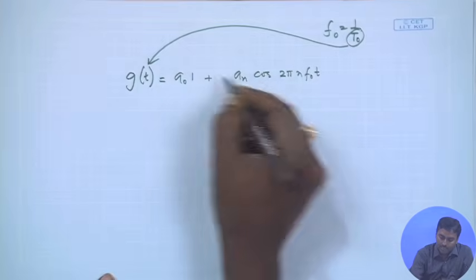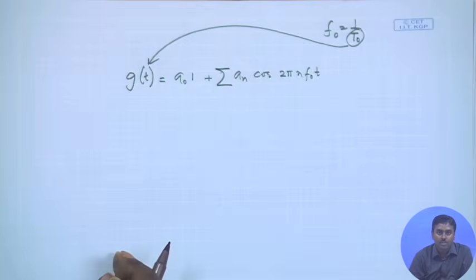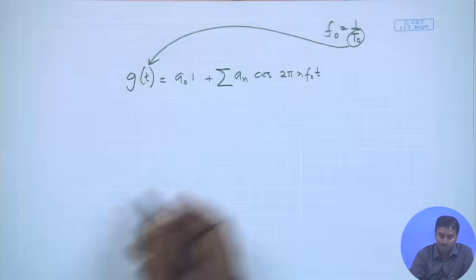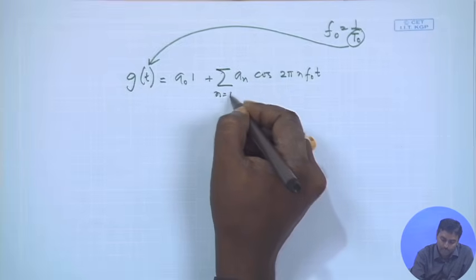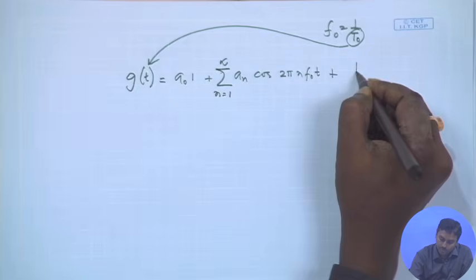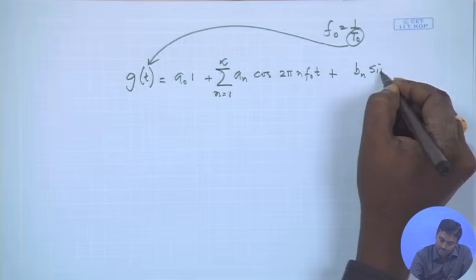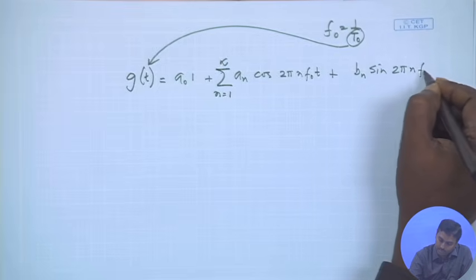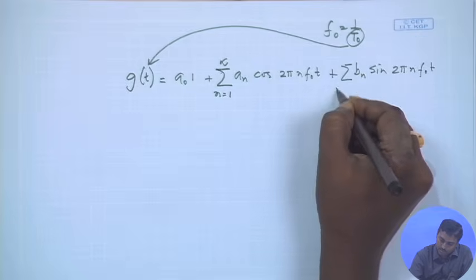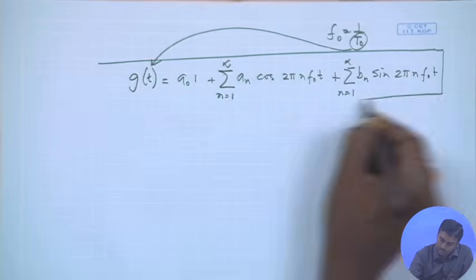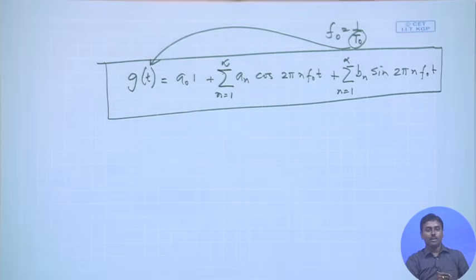Okay. And because all bases should be taken, I have to take a summation over all possible values of n, so n 1 to infinity, plus the sinusoidal is there. So, Bn sin 2 pi, let us say n f0 t, summation.